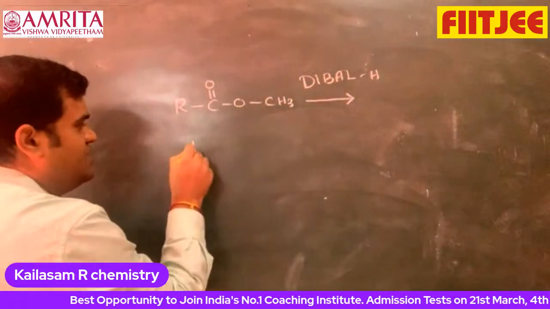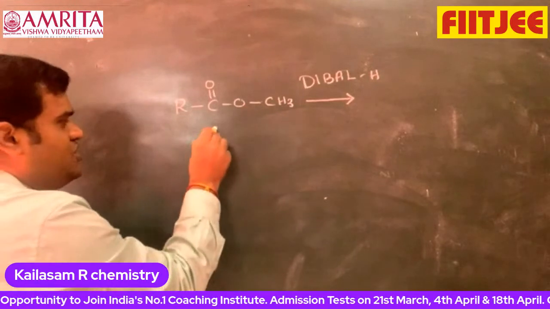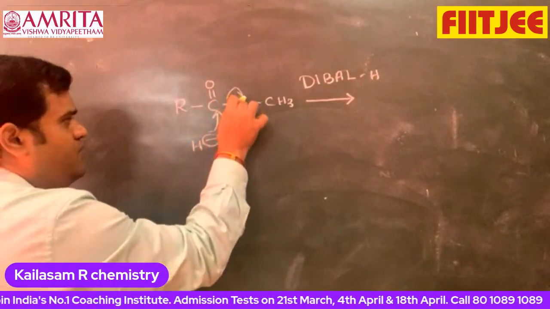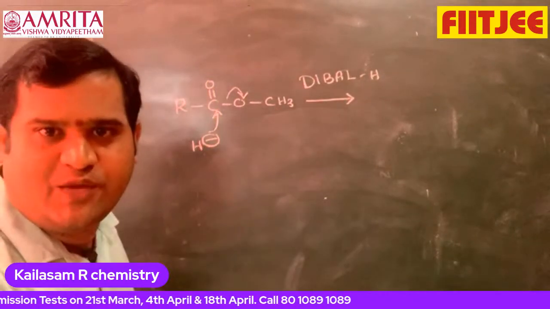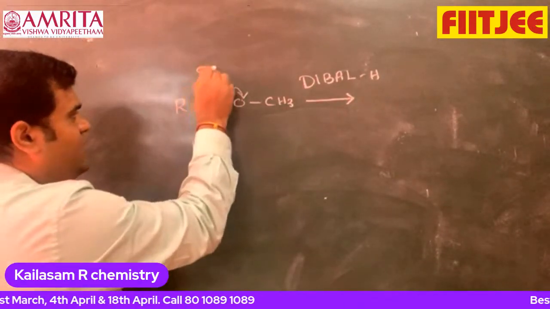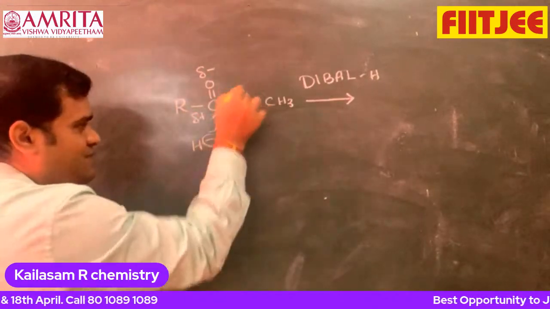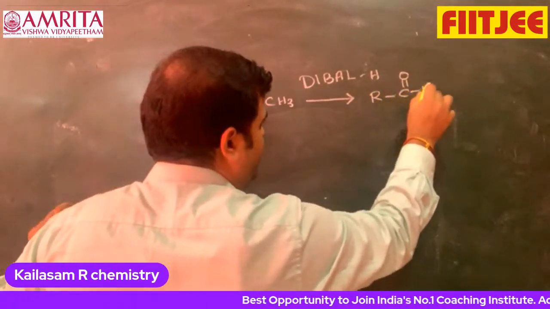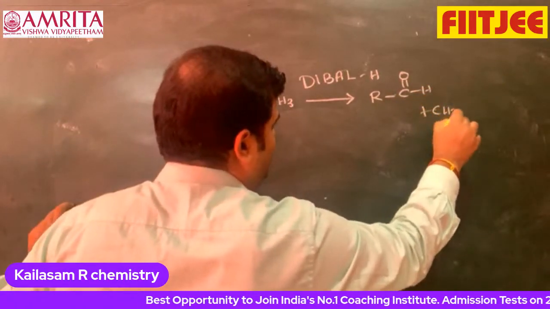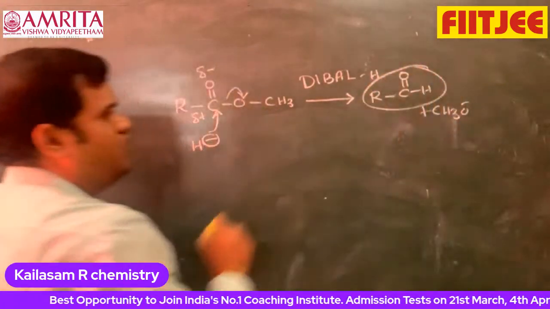The H minus ion attacks here and the bond is going to break. Why does it attack here? Between carbon and oxygen, oxygen is more electronegative. Therefore, carbon is delta plus, the H minus attacks, and the bond breaks. I'm going to get RCHO plus CH3O minus. The product is an aldehyde.